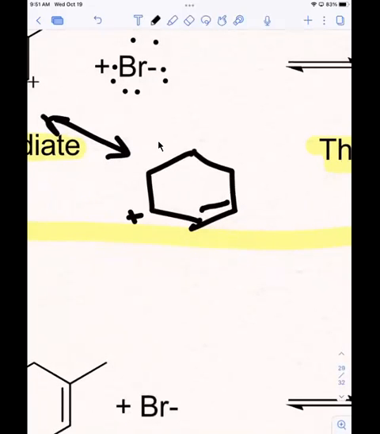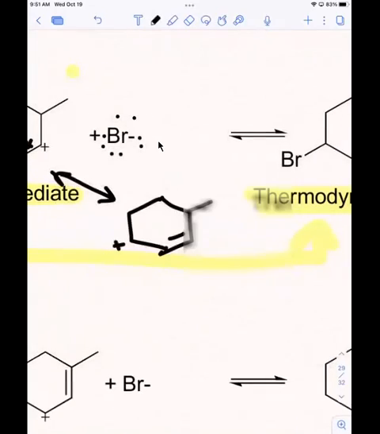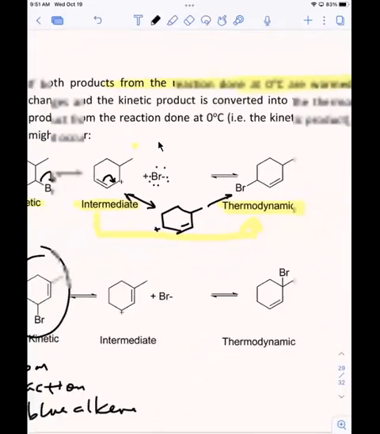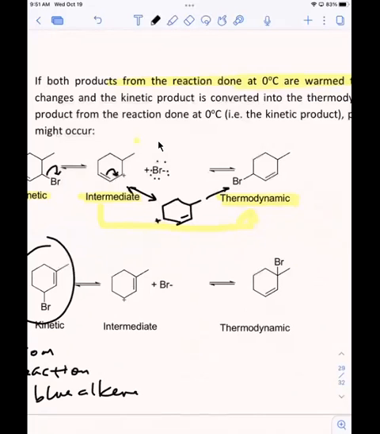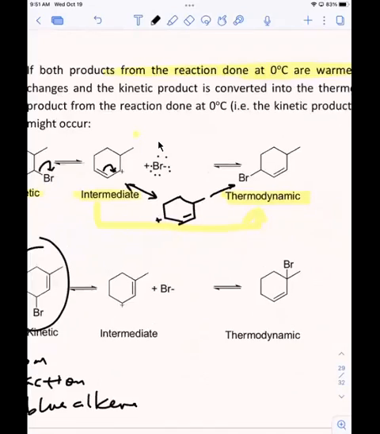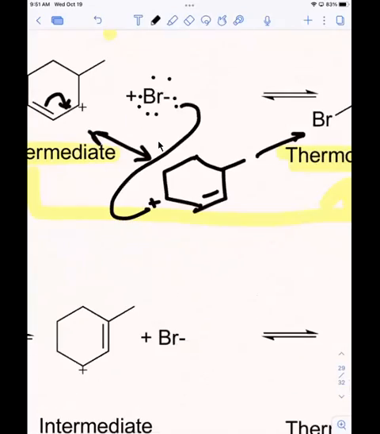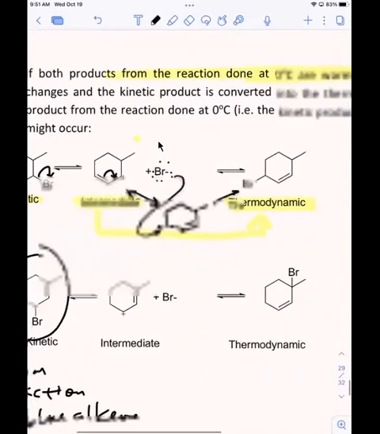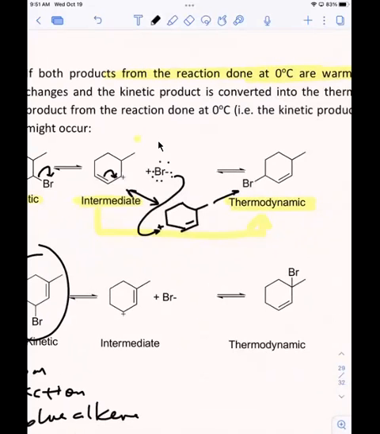To here, is that right? Yeah. And then how do I get from there to here? Don't I just need to react the bromine with it now? Yeah, that's what I was saying, but I was on mute. Okay, that's all right.